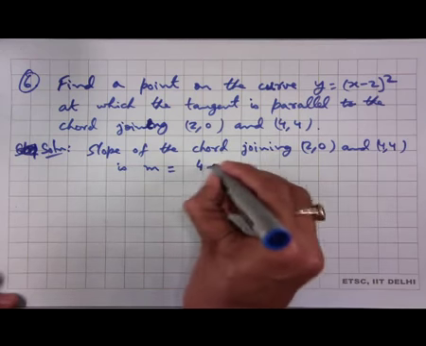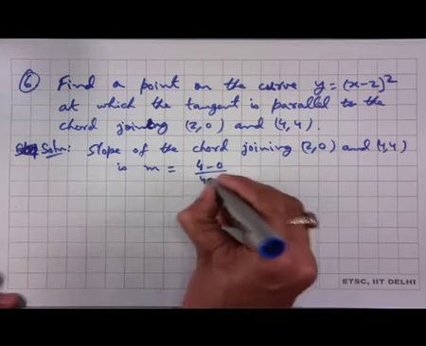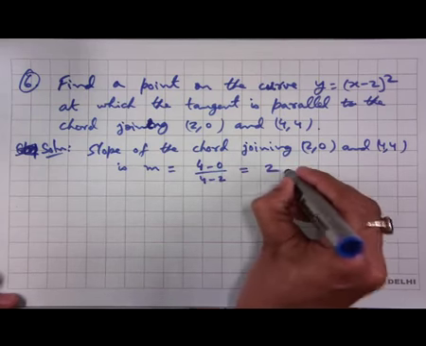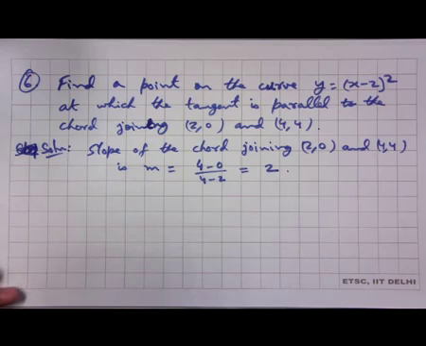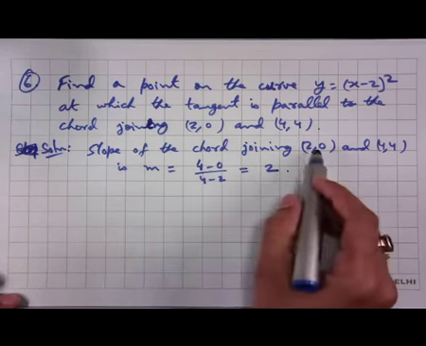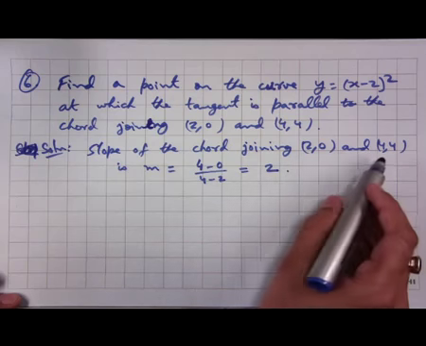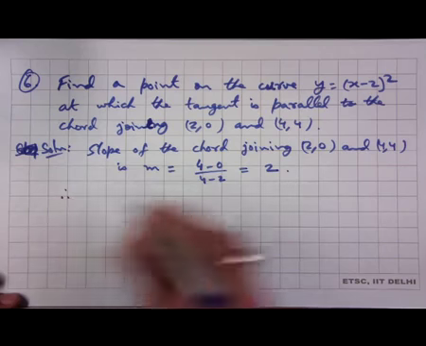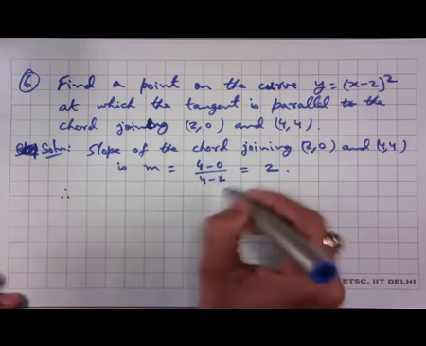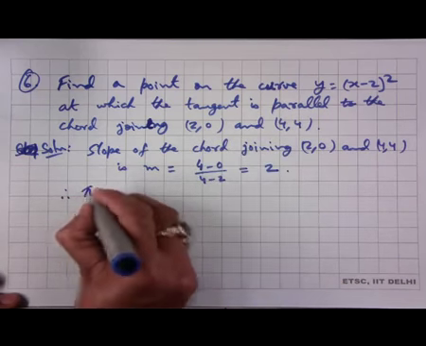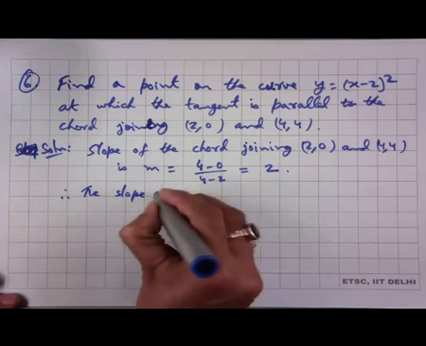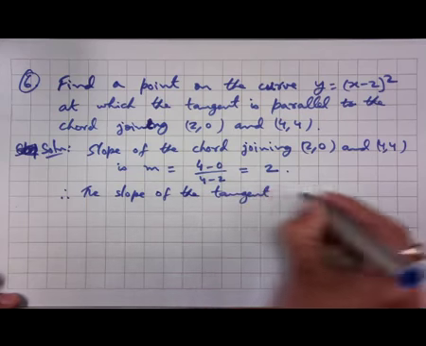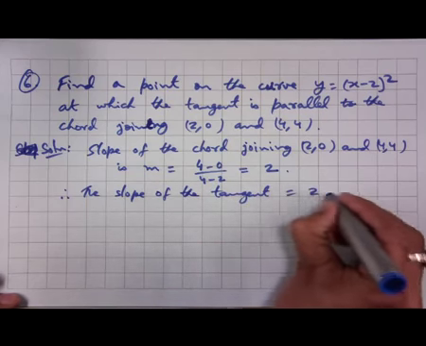So, 4 minus 0 by 4 minus 2, which is equal to 2. So, this is the slope of the line joining these 2 points (2, 0) and (4, 4). Therefore, because we want the tangent to be parallel to this, the slope of the tangent is also equal to 2.